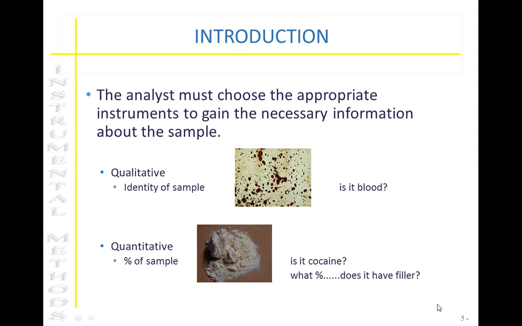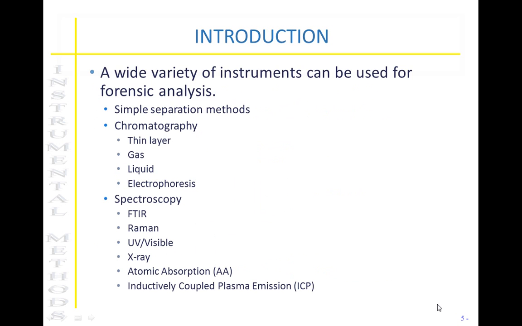A wide variety of instruments can be used in the forensic laboratory to determine these properties of the various samples. These can be divided into three main headings: simple separation methods, chromatography methods, and spectroscopy methods.